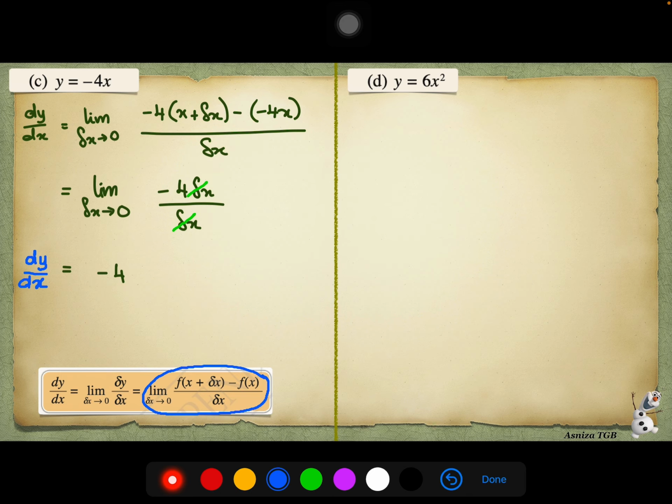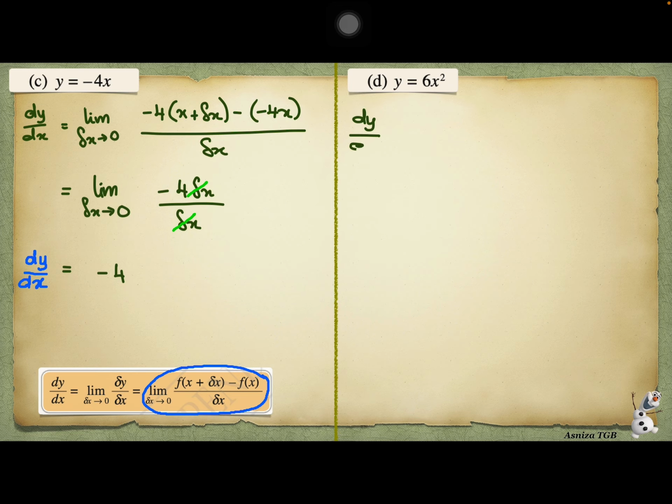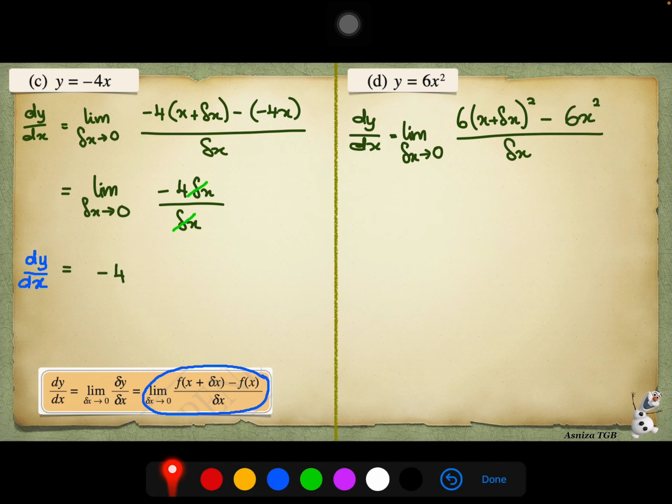Now let's look at D. What if we have a function y equal to 6x squared? Using first principles means we have to use the concept of limit. So dy/dx is the limit as delta x approaches 0 of f(x plus delta x).